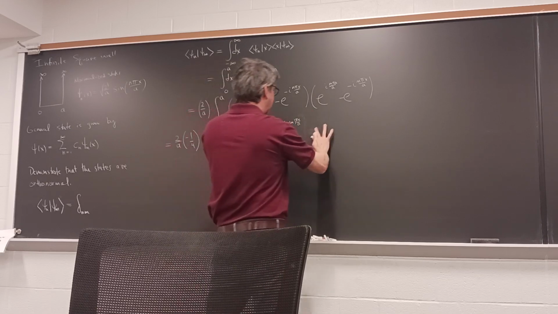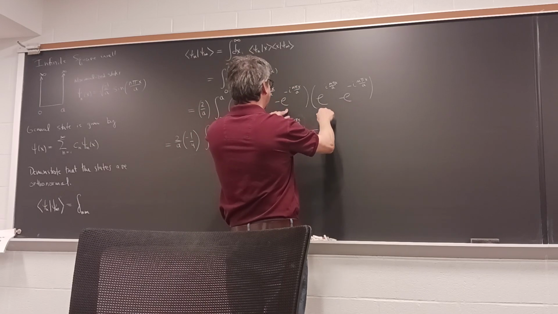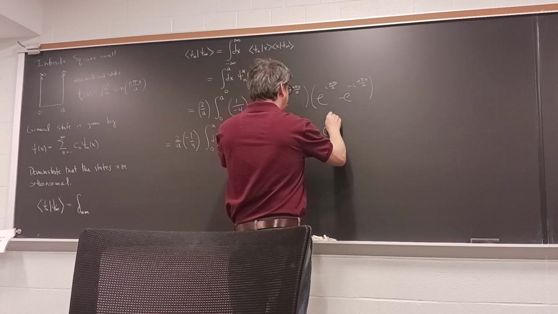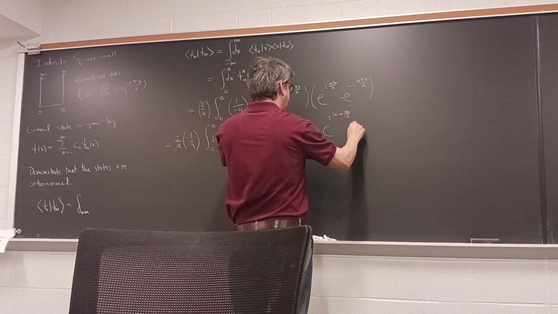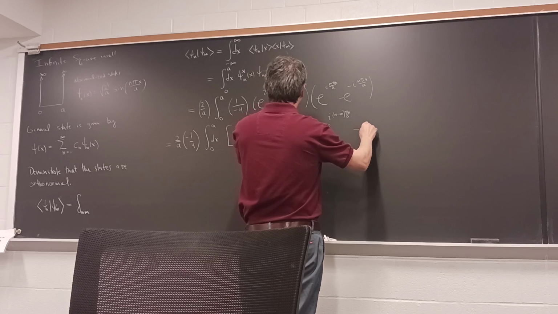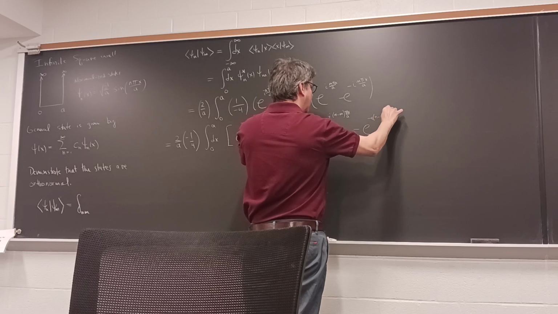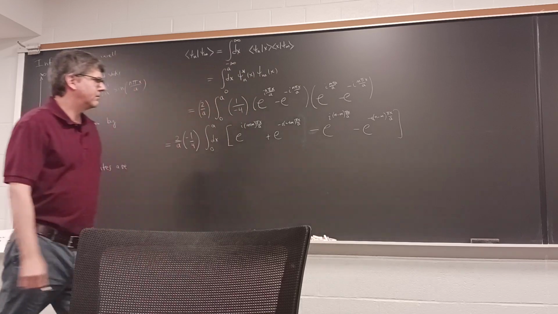Then a minus sign for this term and this term, which gives us an n minus m: e to the i n minus m pi x over a, plus e to the minus i n minus m pi x over a.